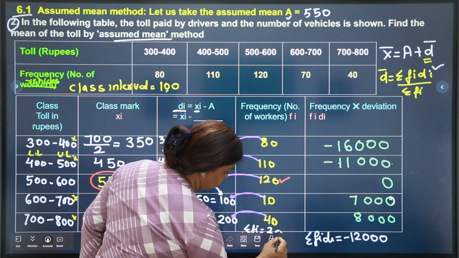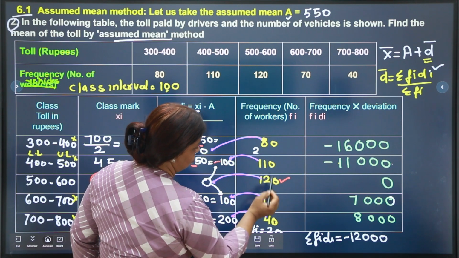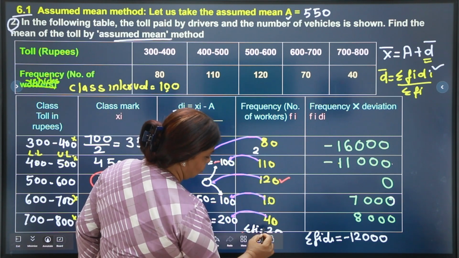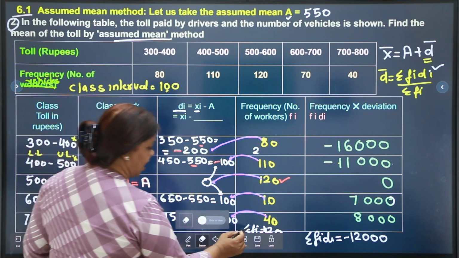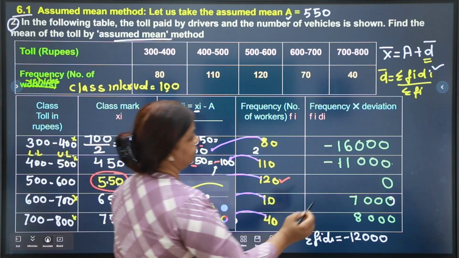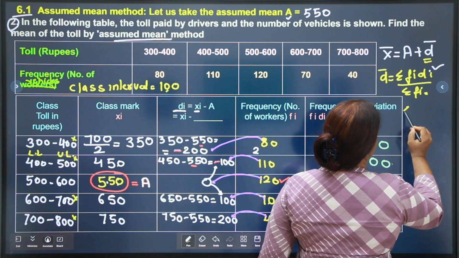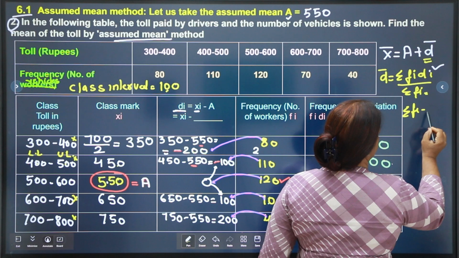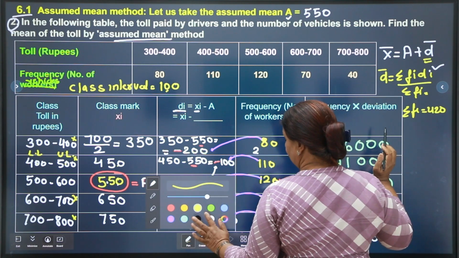So 2, carry here 2, 2, 3, 4, 420. Summation of Fi is 420. This is 420, summation of Fi. Let's place the value here for finding the bar D value.